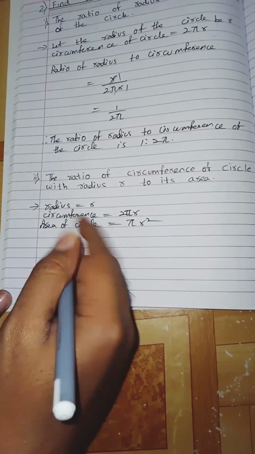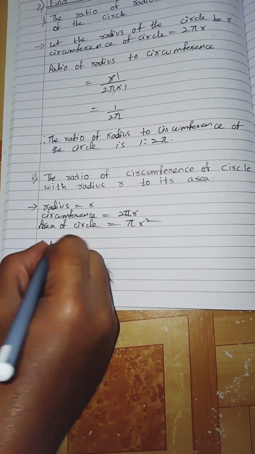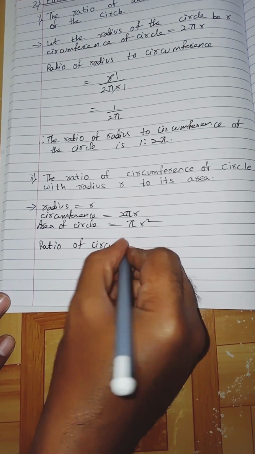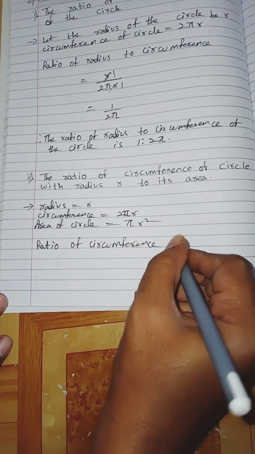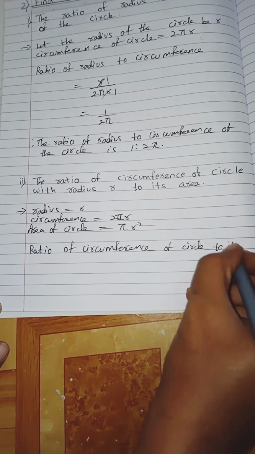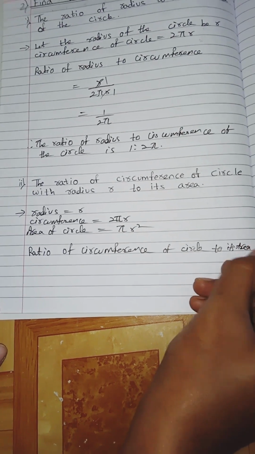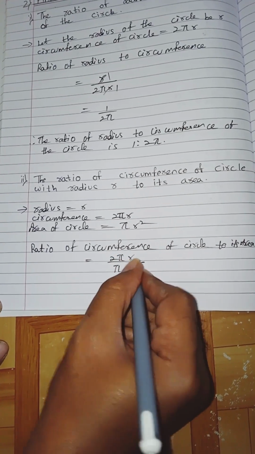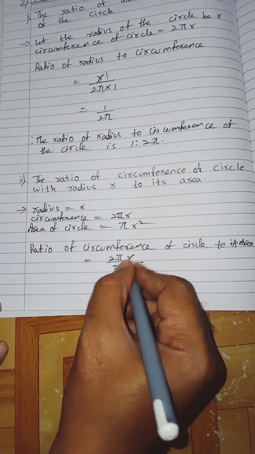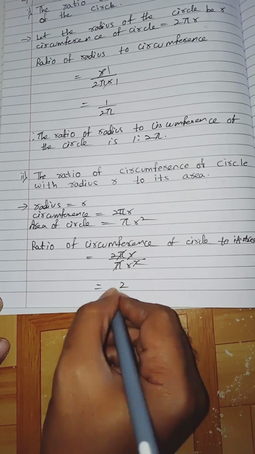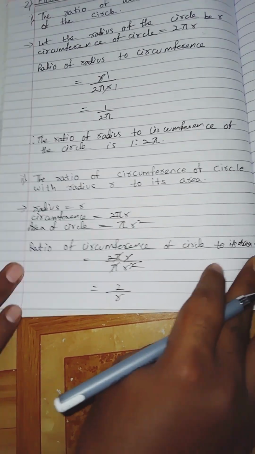Now we have to find the ratio of circumference of circle to its area. Circumference is 2 pi r upon area pi r square. One r is cut, pi is cut. So the answer is 2 upon r.